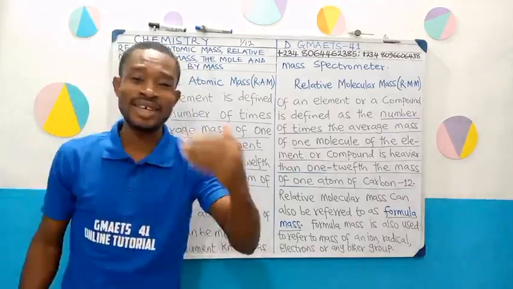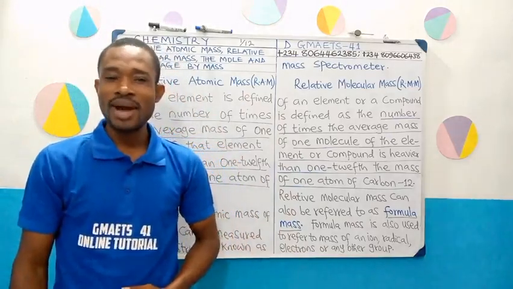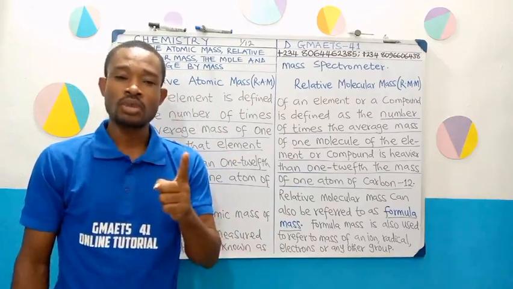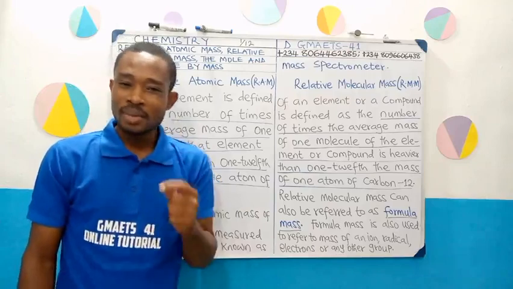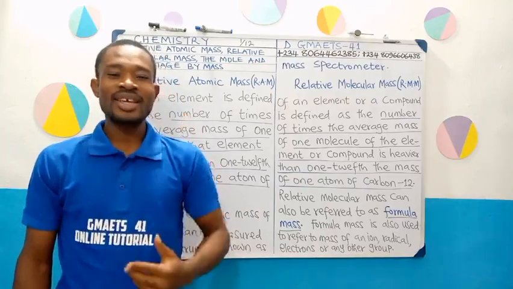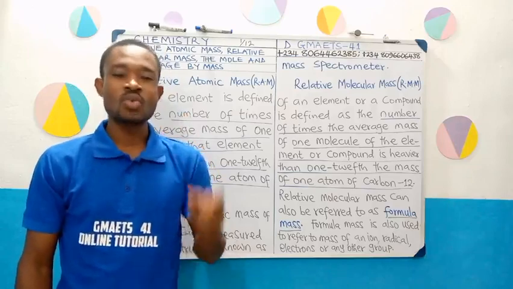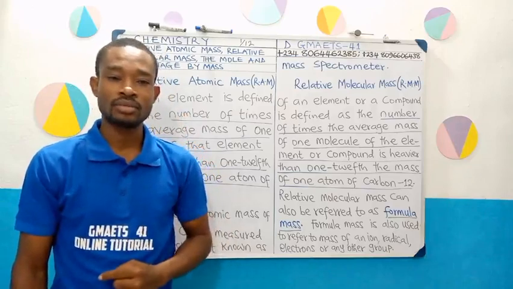Molecule, is heavier than 1/12 the mass of one atom of carbon-12. The number of times the average mass of one molecule is heavier than 1/12 the mass of one atom of carbon.